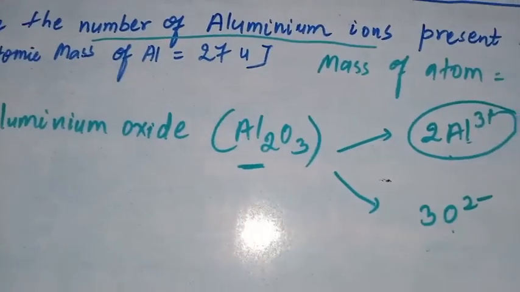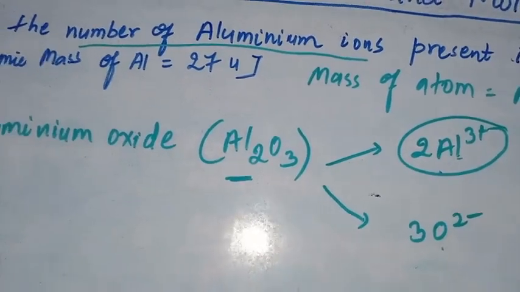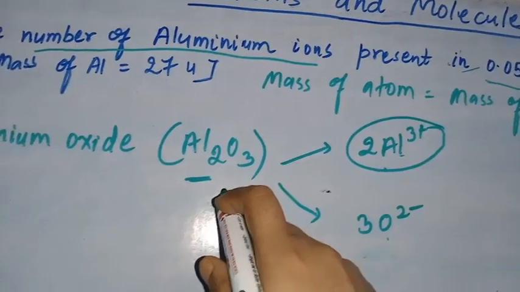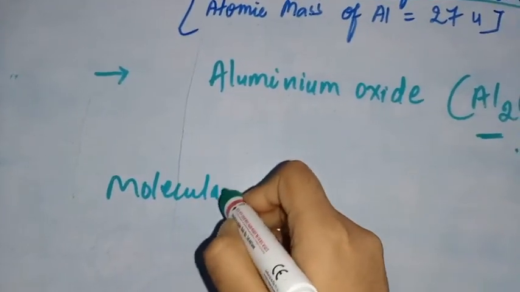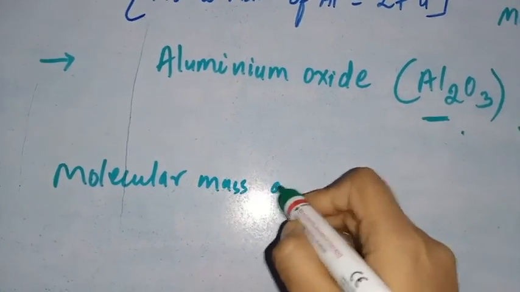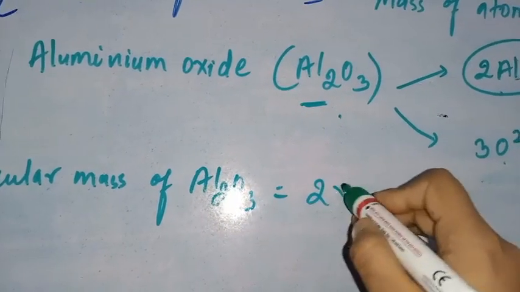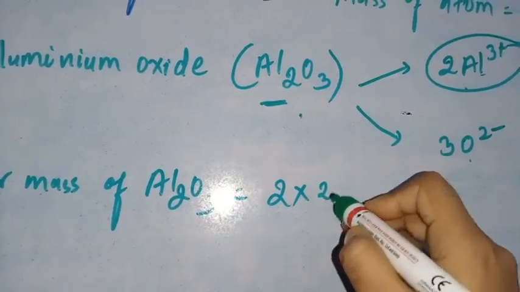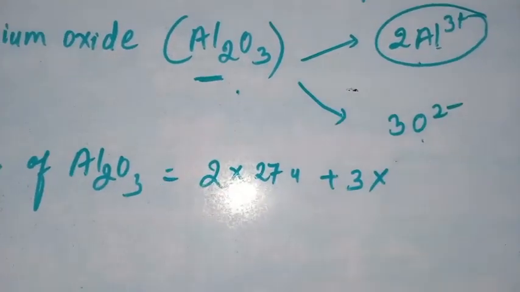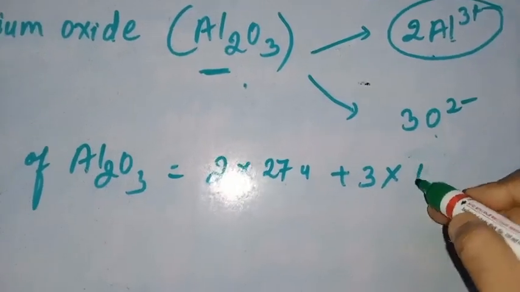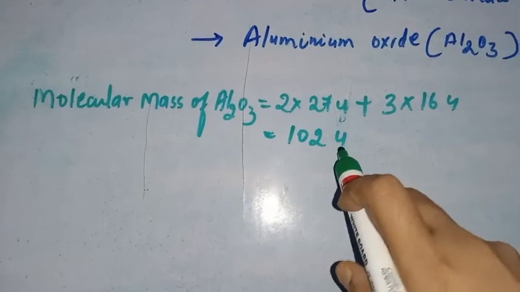Now we will first calculate the molar mass of aluminium oxide. The molecular mass of aluminium oxide is equal to 2 into the atomic mass of aluminium, that is 27 u, plus 3 into the atomic mass of oxygen, that is 16 u. So that is 102 u molecular mass.